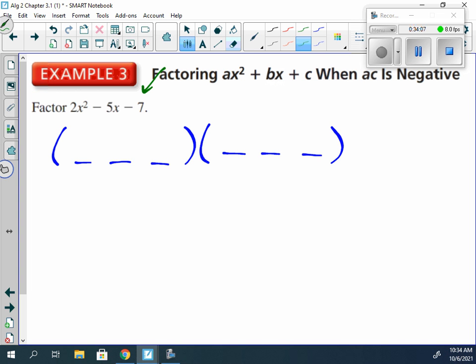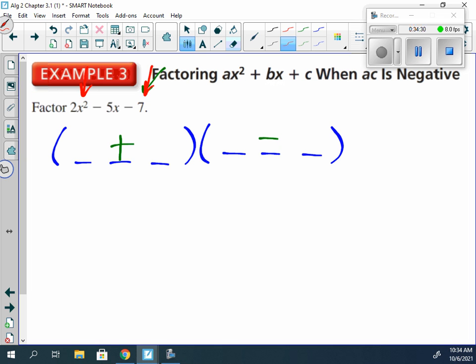So one's going to be positive, one's going to be negative. Which one's positive and which one's negative? It doesn't matter, because all the way up to this point, we've just been throwing it in there, because again, the last step is to check it. So we found the signs.